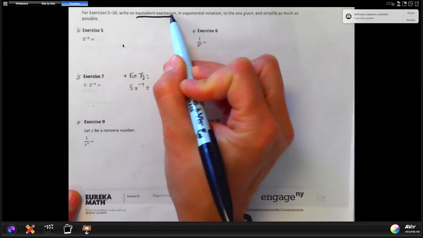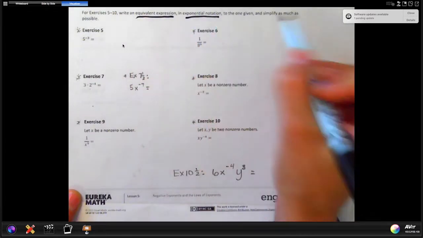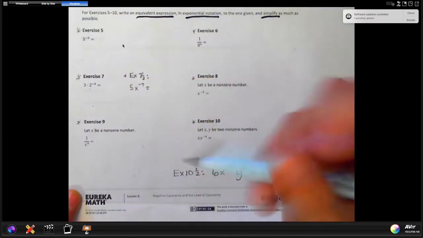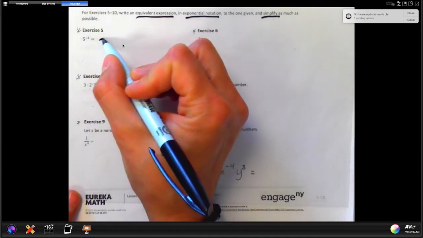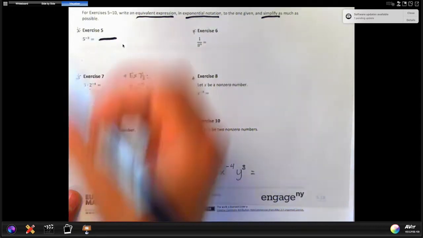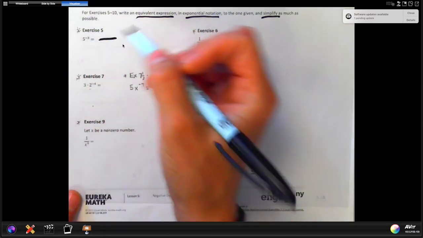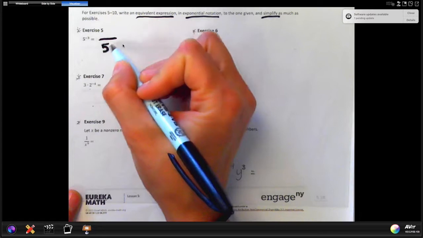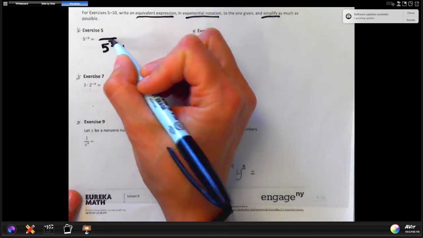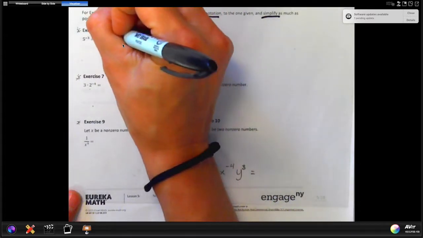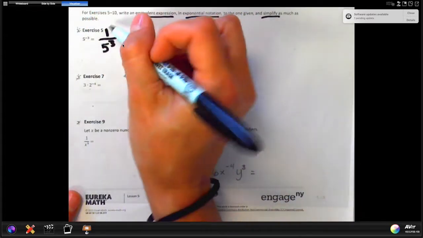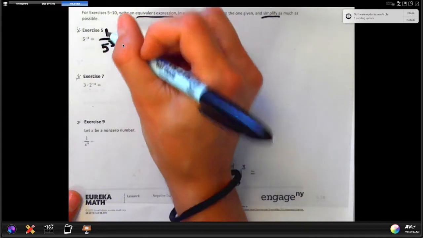In order to write an equivalent expression in exponential notation and simplified, anytime there's a negative exponent, we start by making a fraction bar. We take the base with the negative exponent and put it at the bottom, the denominator. So 5 to the third goes at the bottom, and we put a 1 at the top because we can't leave the numerator blank.